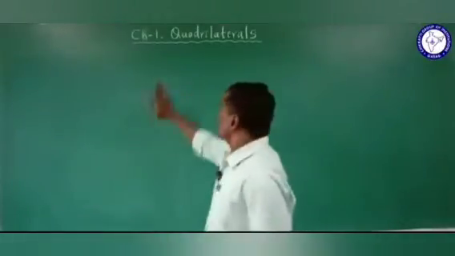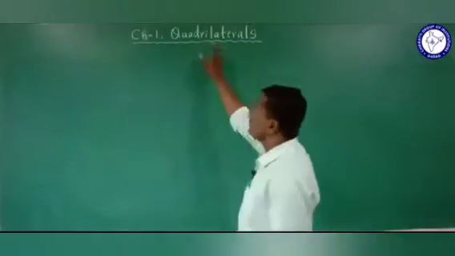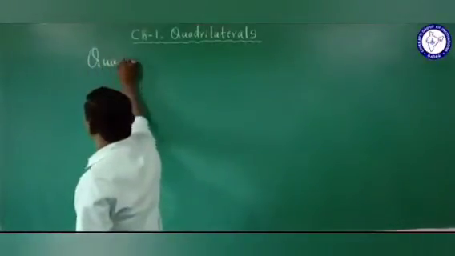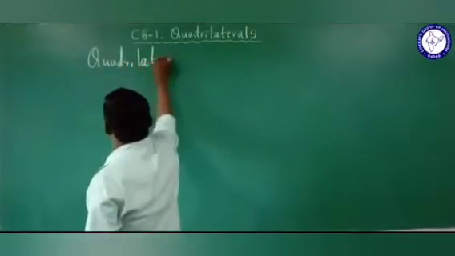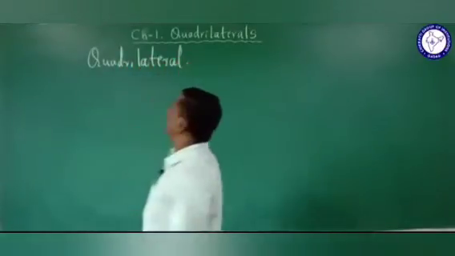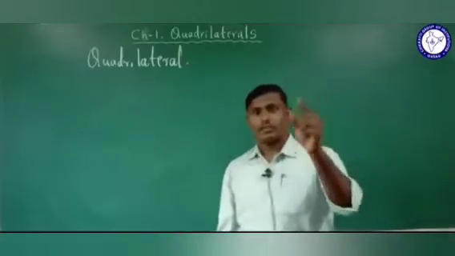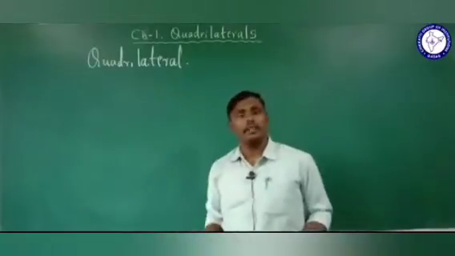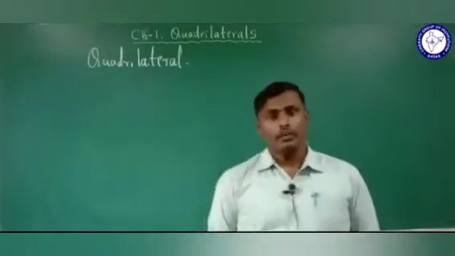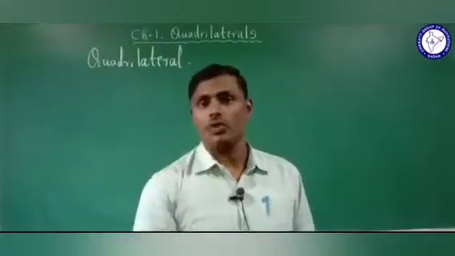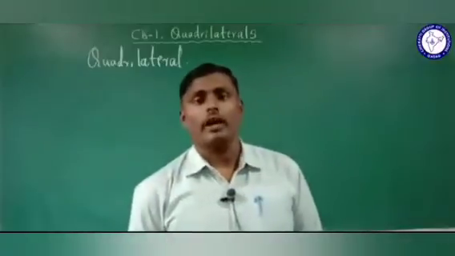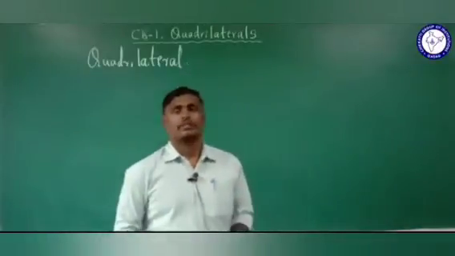Okay, let's come to the second session of the chapter Quadrilaterals. This is the main chapter name of your first chapter in geometry. You already know a quadrilateral is a plane figure which has four sides, or a quadrilateral is a polygon which is bounded by four line segments.